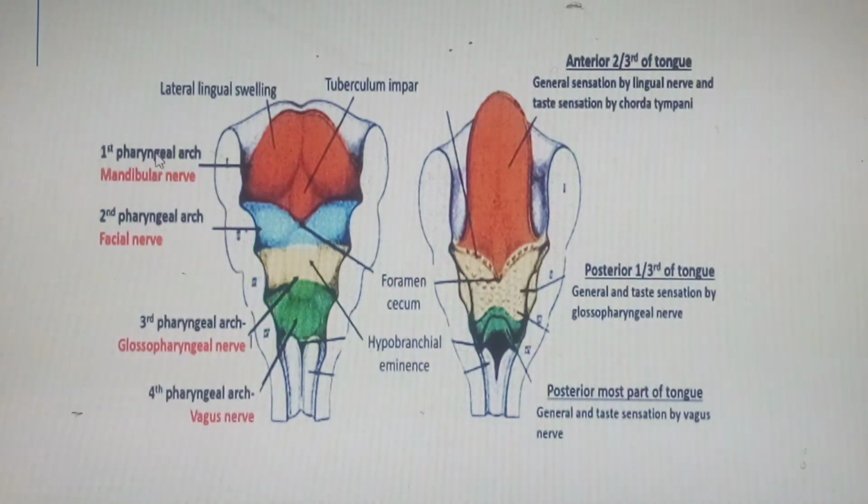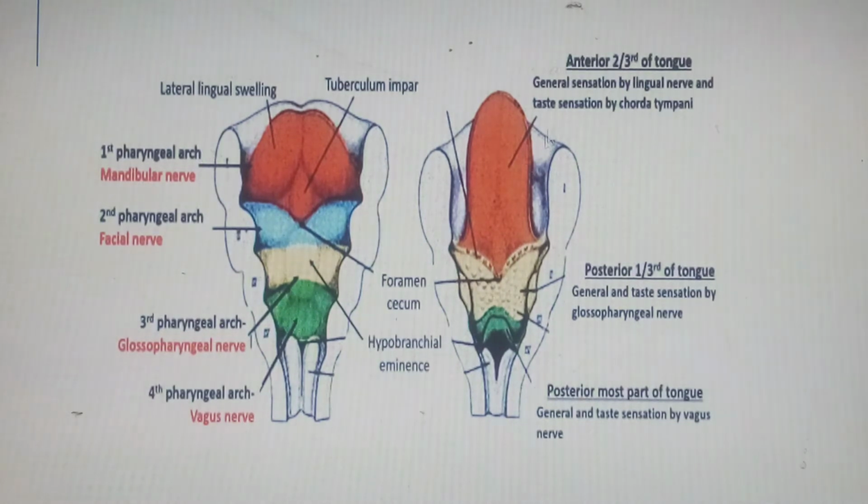Because we said that the nerves that supply the pharyngeal arches are actually post-trematic nerves, except the first pharyngeal arch, which I'll come to. The first pharyngeal arch's post-trematic nerve is the mandibular nerve, but specifically the lingual branch of the mandibular nerve, supplying this first pharyngeal arch. Therefore, the general sensation to the anterior two thirds of the tongue will be coming from the lingual branch of the mandibular nerve.